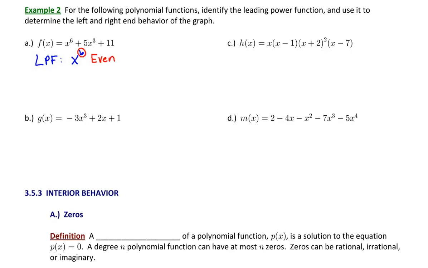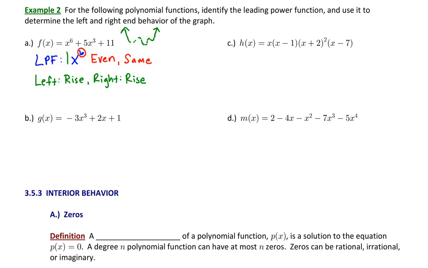With an even degree, we can expect the same end behavior. Also notice the leading coefficient is positive. So on the left side, the polynomial is going to rise, and on the right side, the polynomial is going to rise. So whatever the interior behavior looks like for this polynomial function, twisting and turning, doing all its activity, both ends are going to rise.